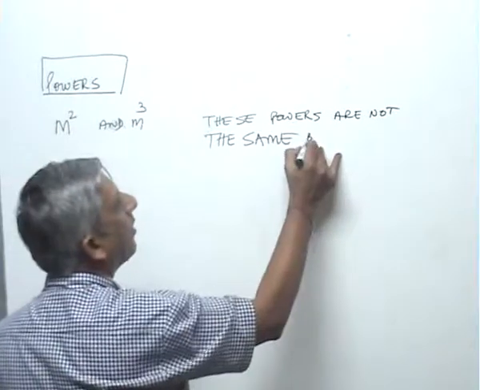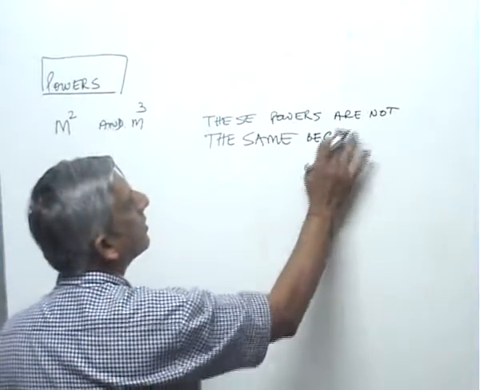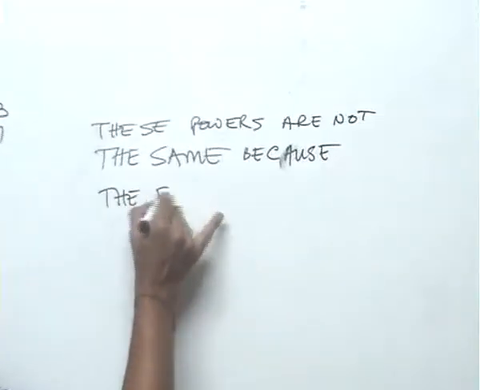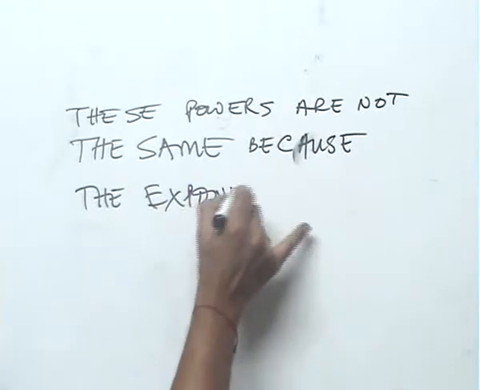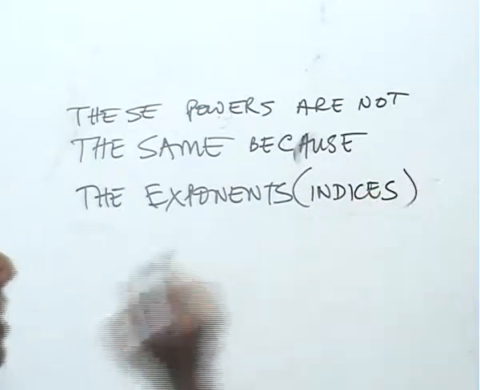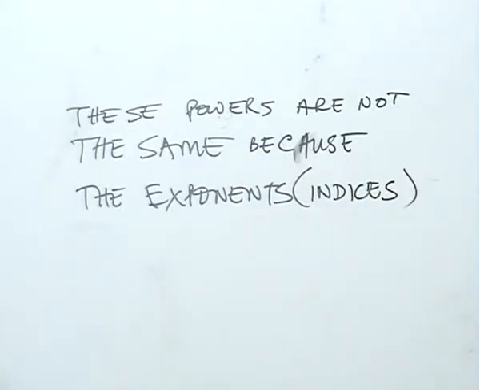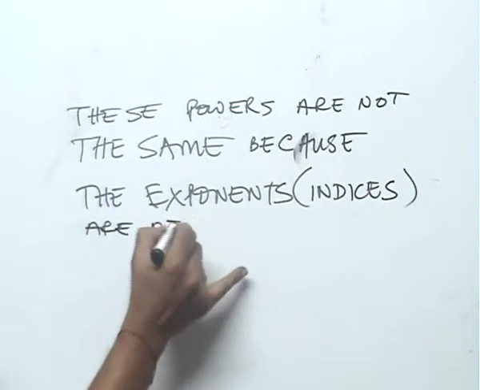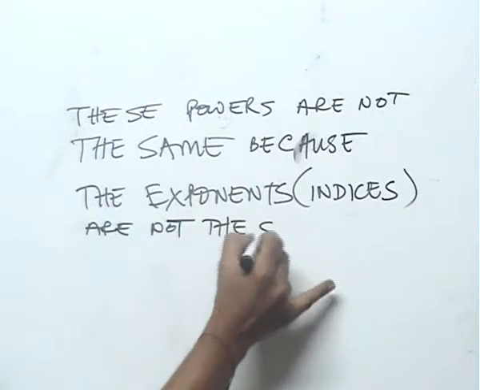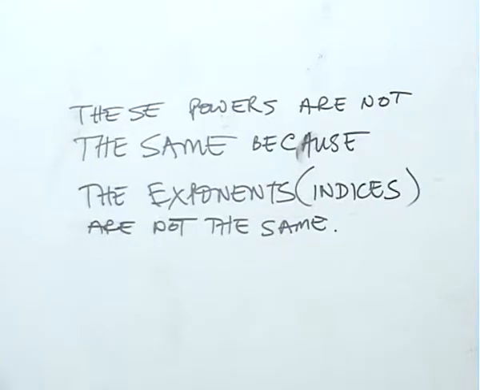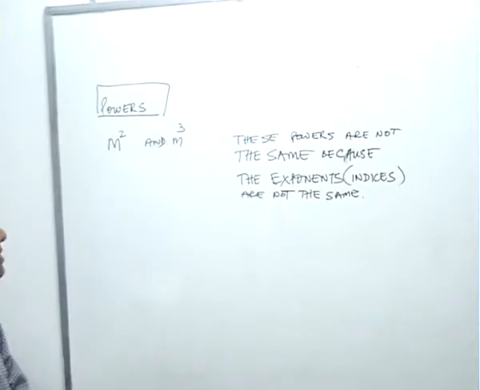They're not the same because the exponents, now another word for exponents is indices. One index, many indices. Because the exponents or the indices are not the same. Although the bases are the same, the indices are not the same. Therefore, these powers are not the same.